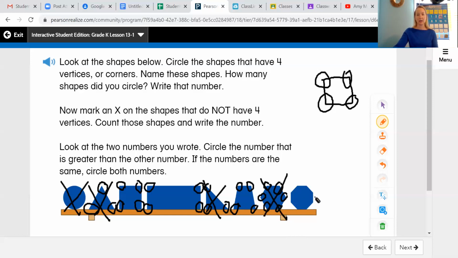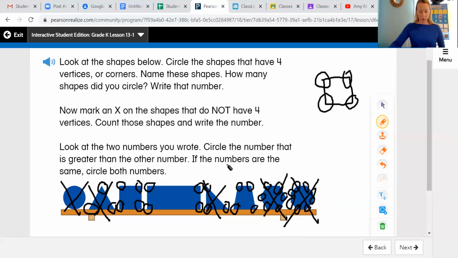Now we have an octagon. Let's count how many vertices an octagon has. 1, 2, 3, 4, 5, 6, 7, 8. Is 8 equal to 4? No, so we're going to cross that one out.